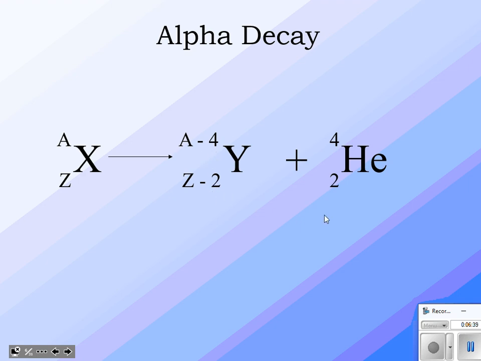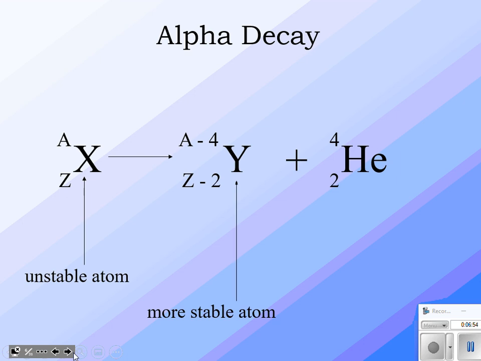Why 4 and 2? Because it's releasing a helium, which is 4 and 2. So, if I come up here and I say, all right, here's my unstable atom. Here's a more stable atom, and here's my alpha particle.